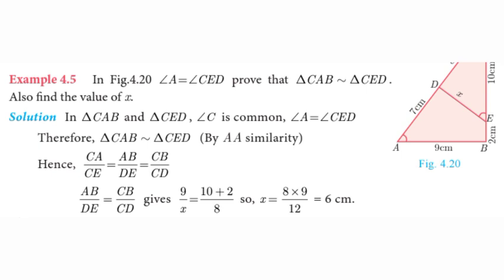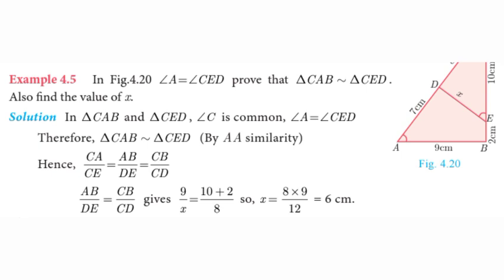Therefore, we substitute the value of AB divided by DE equal to CB divided by CD. AB value is 9, DE value is x, that equal to CB value is 2 plus 10 divided by CD value is 8.